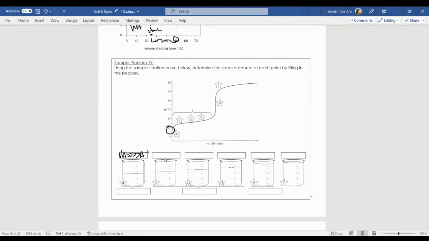Because this is a relatively acidic solution, it has to have a lot more of that weak acid relative to its conjugate base. So I'm going to draw some HAs, right? So there's my weak acid. Looks like I drew 6 of them. It's going to be a little hard to see. There's 4, 5, 6 of them.